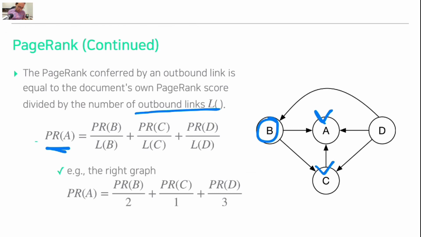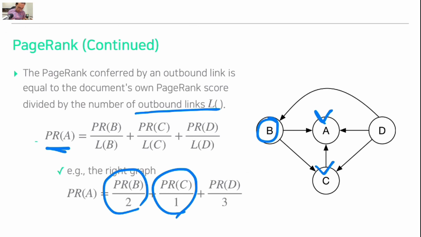So we just give the PageRank score of B over 2. It has a link from C, but C has just one outgoing link, so we just add this.